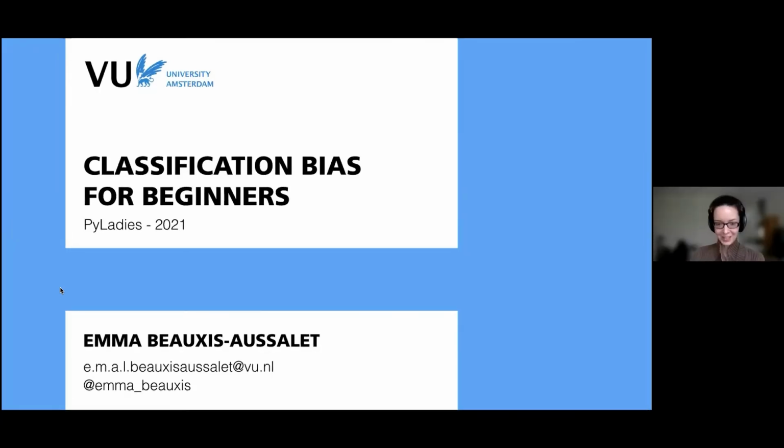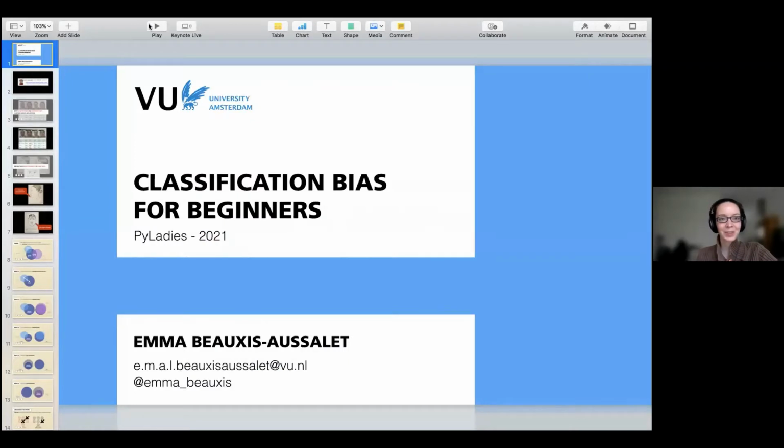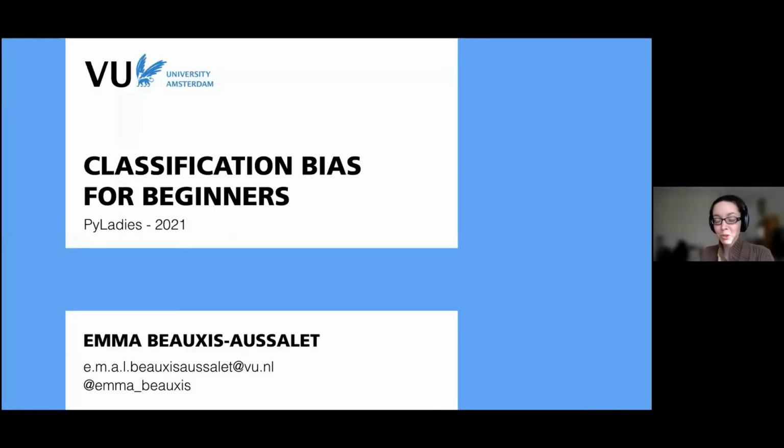So let's start. If there are questions, feel free to write in the chat. If you have any question at any time, please do ask. You can also unmute yourself and go ahead. Yes, please feel free to do that, especially if something isn't clear.